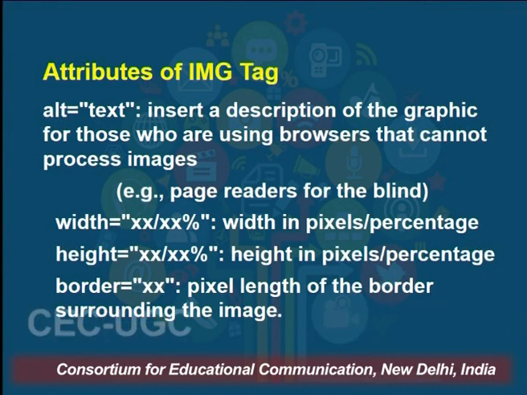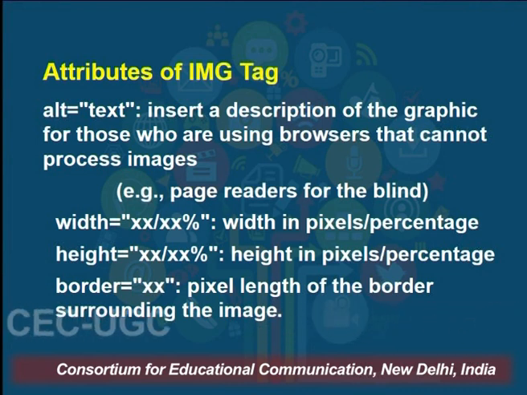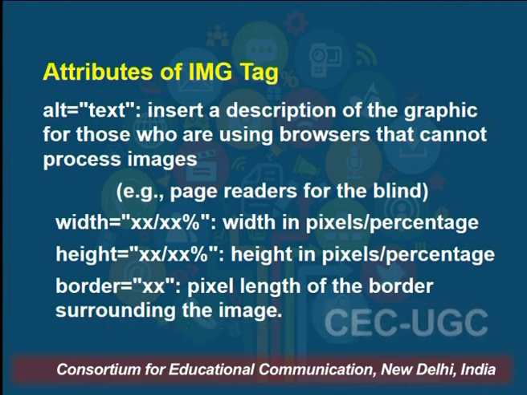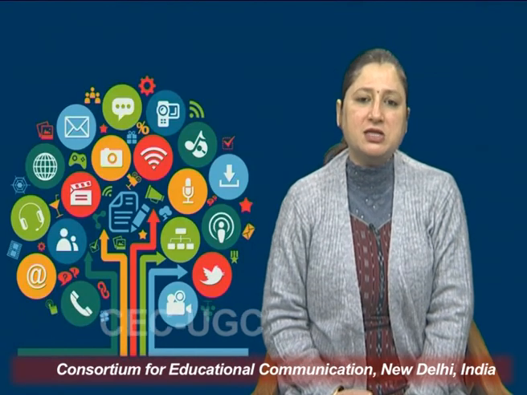Then another very important attribute of the image is the alt attribute. The word alt actually stands for alternate, right? So the alt attribute is the alternate text that we specify, which will appear in case the image fails.